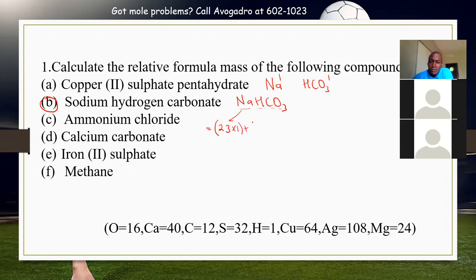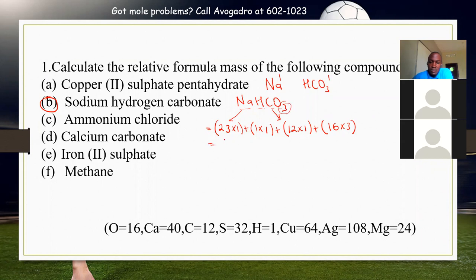Plus hydrogen, 1 atom, relative atomic mass 1 times 1. We go to carbon. Carbon has a relative atomic mass of 12, and it's only 1 atom, 12 times 1. And lastly, oxygen has 16 times 3, because there are 3 atoms.